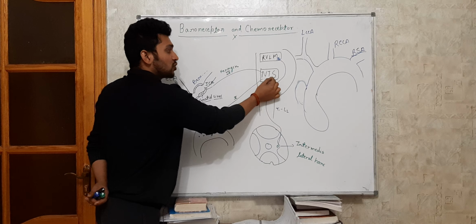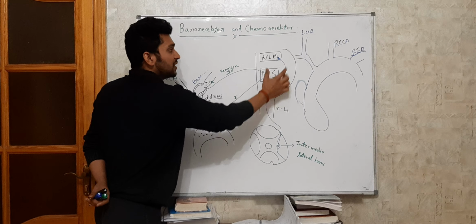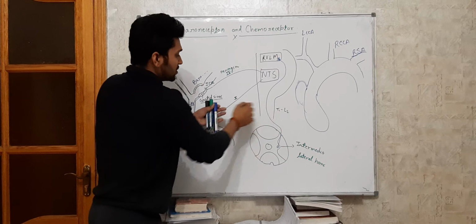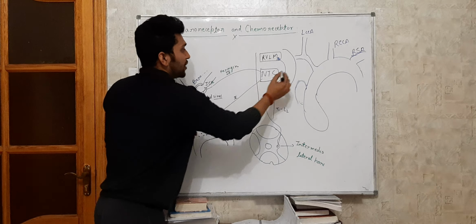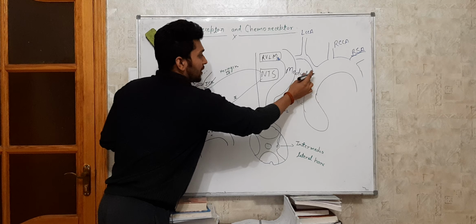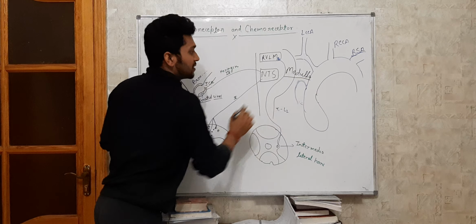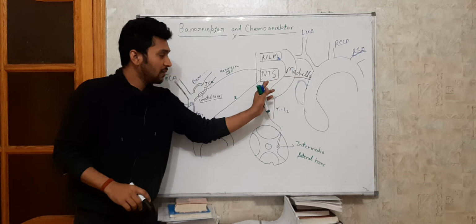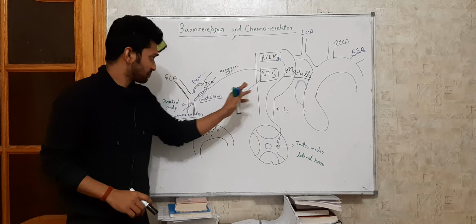This nucleus tractus solitarius is present in the medulla. This I made is the midbrain, and you can see this one is the medulla. So in the medulla, we have the nucleus tractus solitarius.